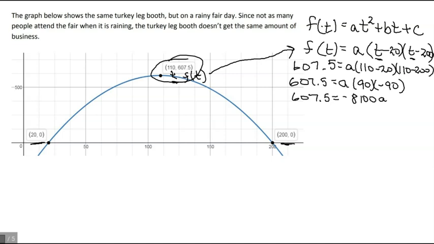And then I'm just solving my equation. So I'm dividing both sides by 8100, and I get a equals negative 0.075.